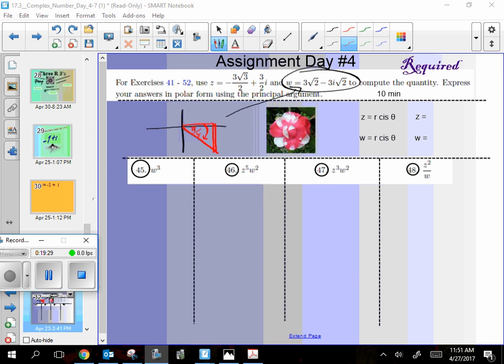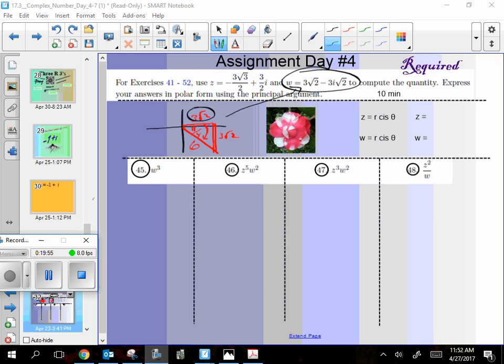So my cis for this guy is going to be the r. I'll save you some time. 3 root 2 and 3 root 2. Once you square them and add them and take the square root, it comes out to 6. Okay. Another way I could have known that is, you remember how you'd multiply one of these sides by root 2?